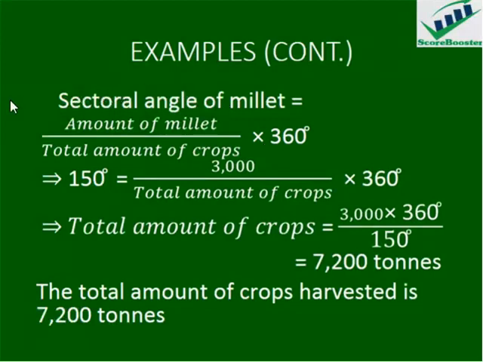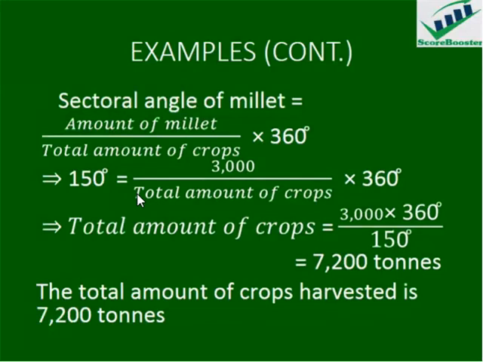So now using the formula for the sectoral angle of millet, the sectoral angle of millet equals amount of millet over total amount of crops times 360 degrees. But we know the sectoral angle of millet to be 150 degrees, which equals the amount of millet, 3,000, over the total amount of crops, which is the unknown we are looking for, times 360 degrees.